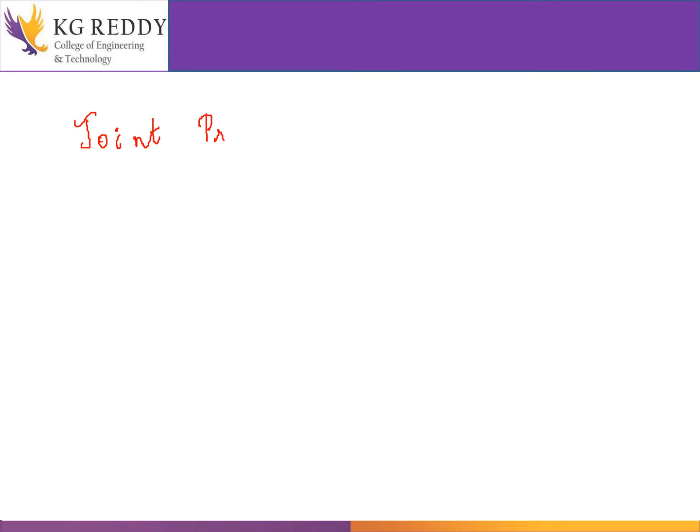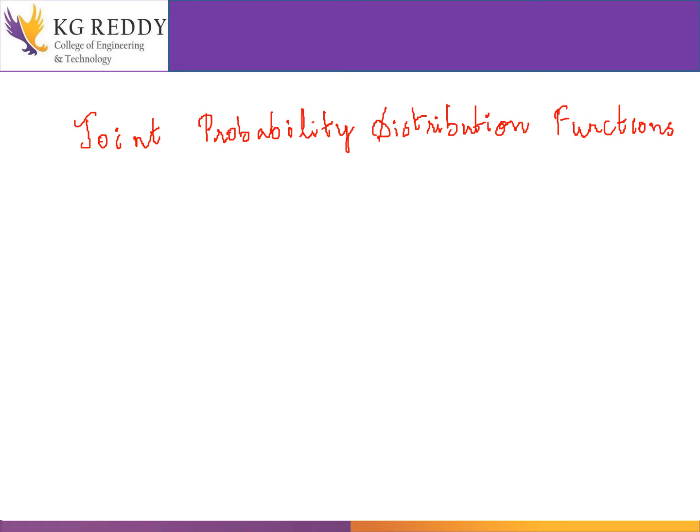We go for the joint probability distribution function when we have two different events on the same sample space. Both events must belong to the same sample space, and only then do we go for the joint probability distribution function.